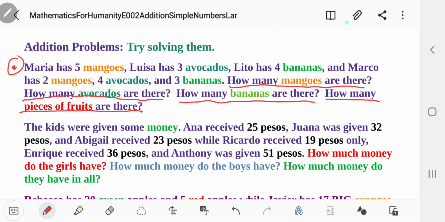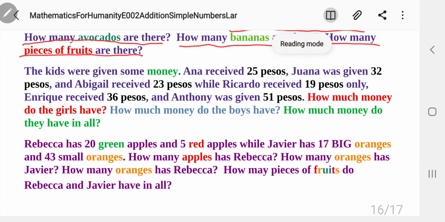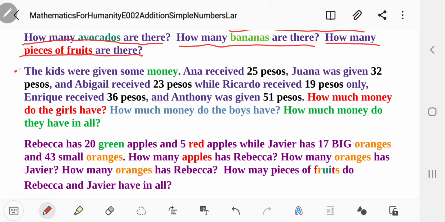The next one is this problem. The kids were given some money. Anna received 25 pesos.